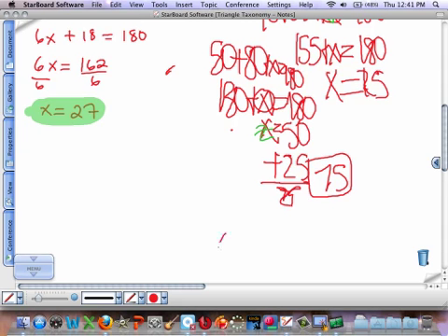Keep in mind that x plus y plus z is equal to 180, adding up all three angles. So you showed that y plus z is 75, so x must be 105.